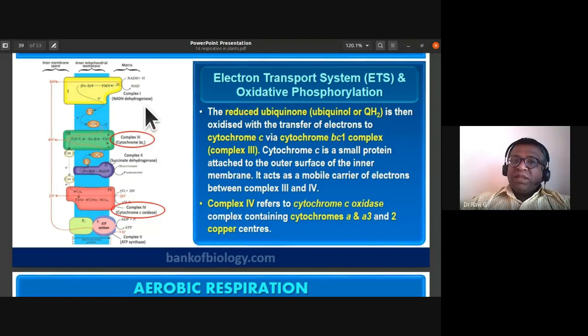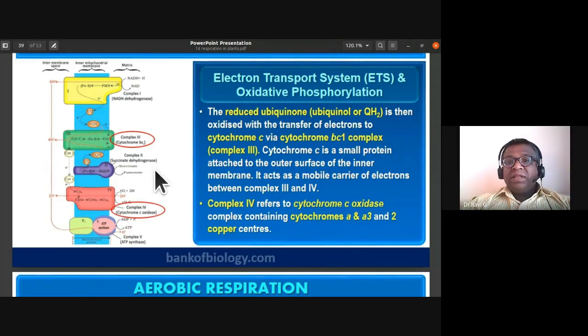So there is complex 1, the enzyme system NADH dehydrogenase, where NADH is oxidized, and there is complex 2 where the FADH2, a product obtained during the oxidation of succinate, is involved, through succinate dehydrogenase.